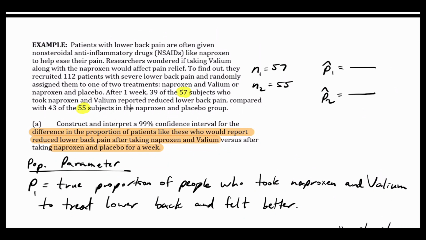Naproxen and Valium was 39 out of 57. So 39 out of 57 is 0.684.